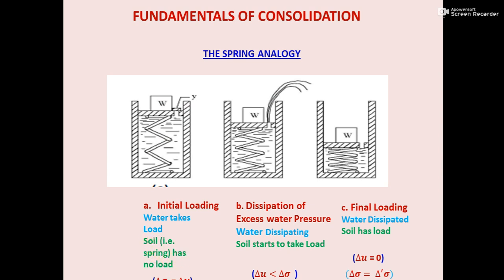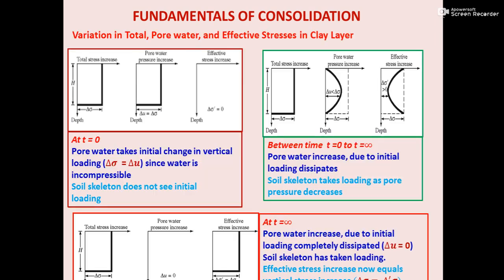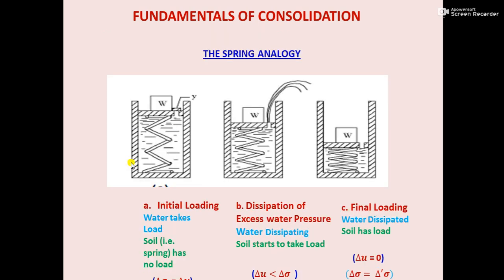The first condition, at t equal to 0, delta sigma equal to delta U, can be explained by this spring analogy model. So this spring is your soil, and this water is the pore water.